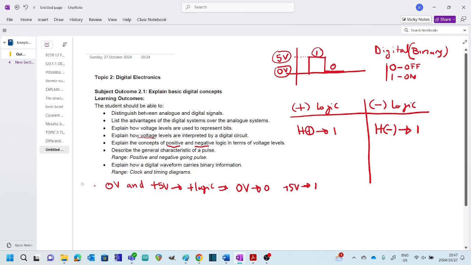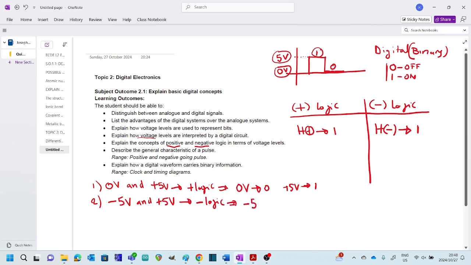So let's go to another example. That was example 1. Let me take example 2. The examiner gives us 2 voltage levels, minus 5 volts and plus 5 volts, and tells us that these 2 voltage levels are operating in a negative logic. So what is your take on this?